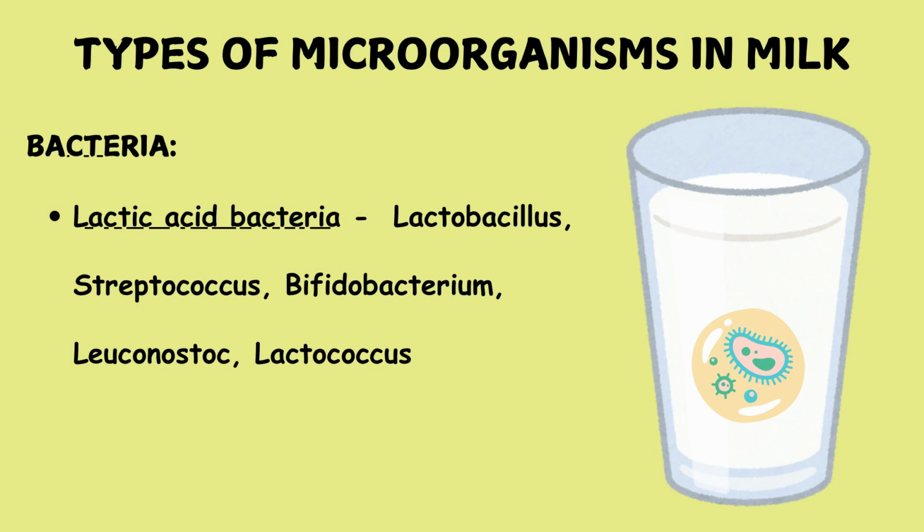These bacteria convert the milk sugar, that is lactose, into lactic acid, which lowers the pH of the milk and helps to preserve it. Examples of lactic acid bacteria include Lactobacillus species, Streptococcus species, Bifidobacterium species, Leuconostoc species, and Lactococcus species.